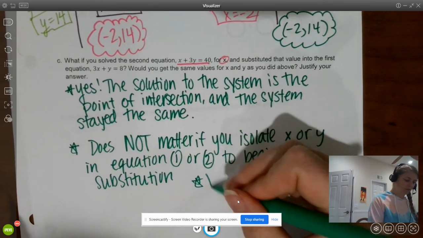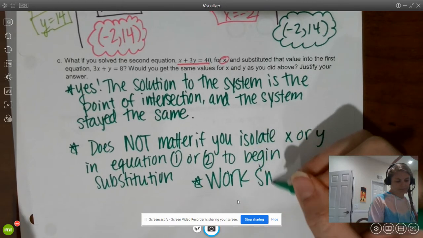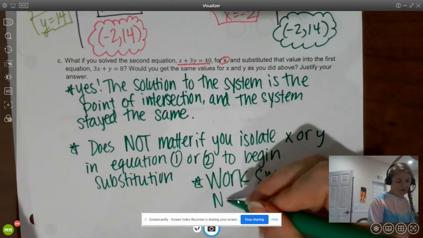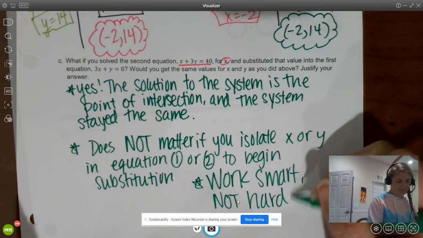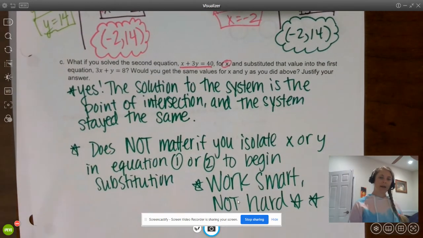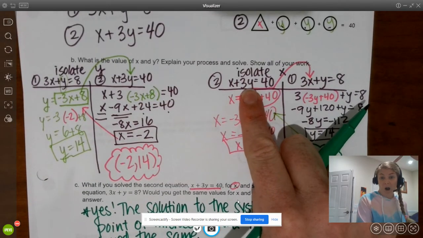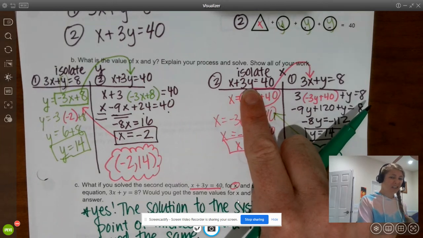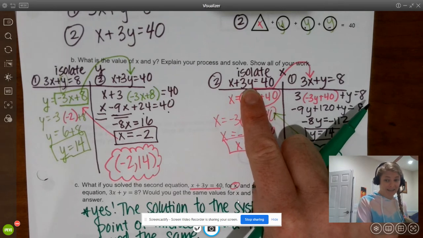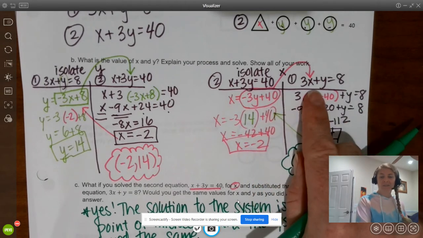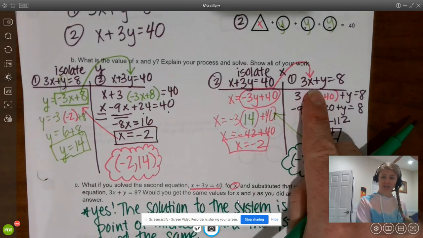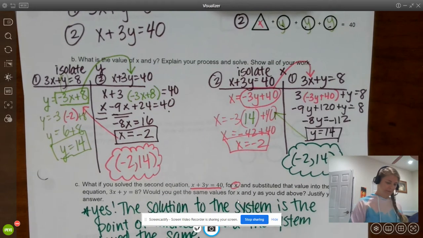I need you to work smart, not hard. And when I say work smart, not hard, obviously I could have isolated y in equation 2, but then you're dealing with a third of an x and 40 thirds. That's gross. That's going to lead you to mistakes. Ew, nasty. Obviously, I could have isolated x in equation 1, but then you're dealing with a third of a y and 8 thirds. Blech, yuck. Don't do that to yourselves.